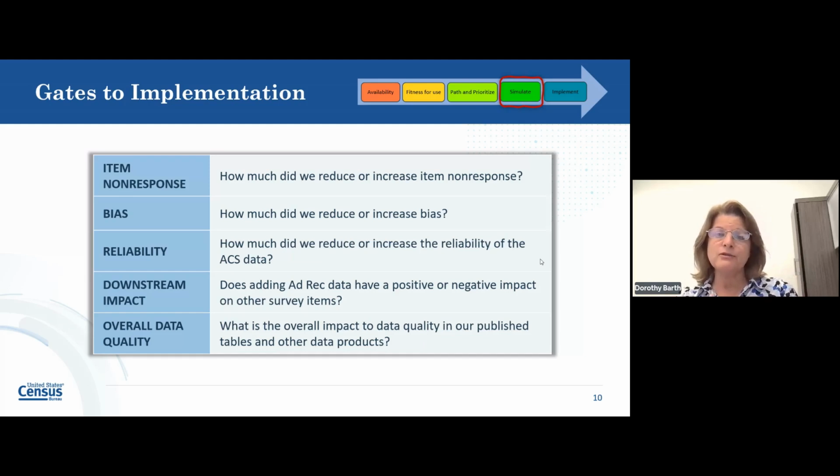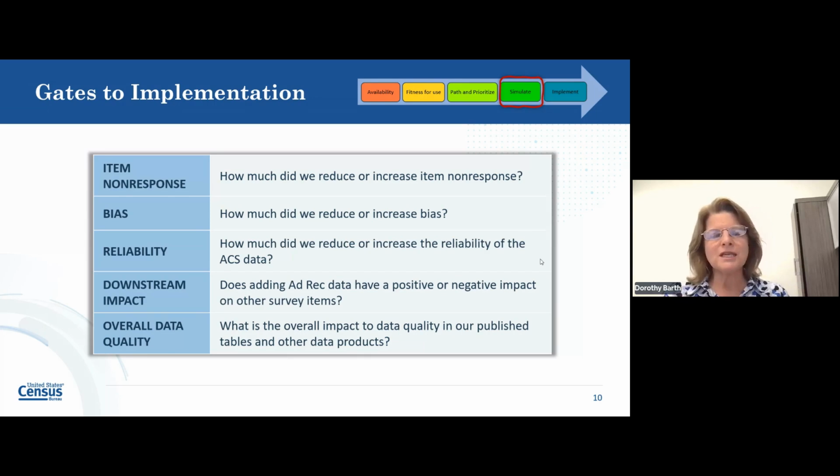We present that research. And we also, at the end of this slide, you'll see some of the reports that we've written with those simulations. So we make that available to the public. Before we do an internal review, and we obviously get approval internally and with stakeholders, but we also, before we can implement, we have to send OMB, the Office of Management and Budget, our idea in a package.